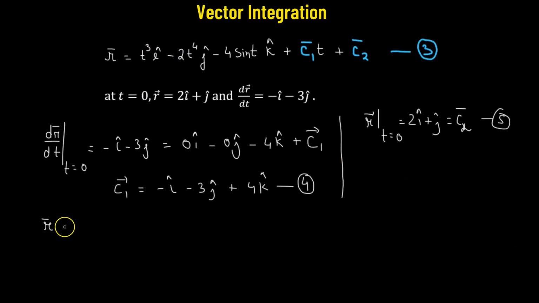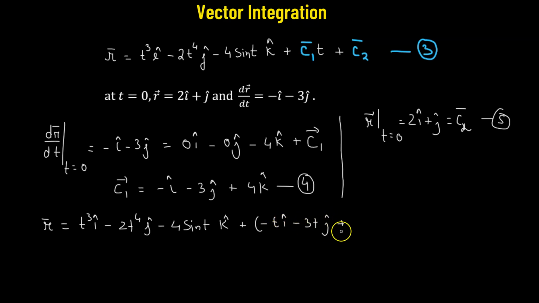Let's do that. Vector r is given by t cubed i cap minus 2t raised to the power of 4 j cap minus 4 sine t k cap plus c1 vector times t. We'll multiply this by t, so we have negative t i cap minus 3t j cap plus 4t k cap. And this is added to c2, which is simply 2i cap plus j cap. We'll combine all the like terms together.